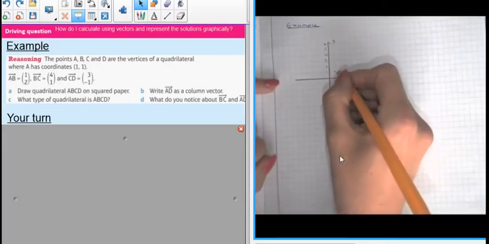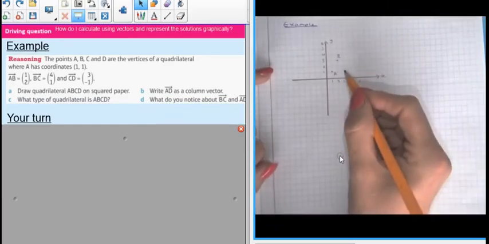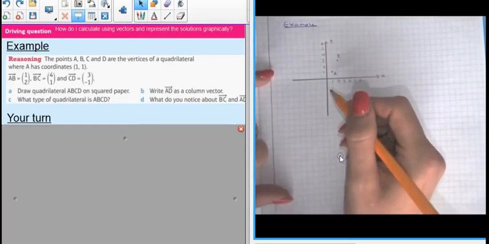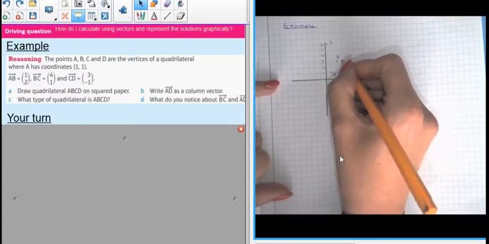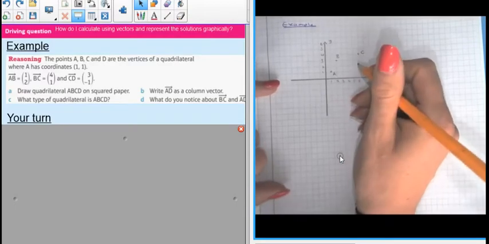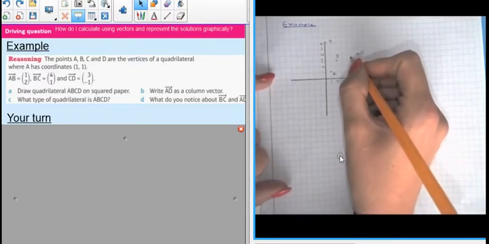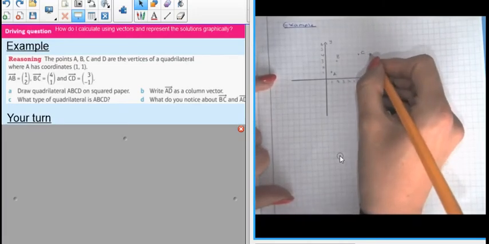So from A, if I go 1 along and 2 up, that will give me B. It tells me that vector BC is (4, 1). So from B to C, I'm going 1, 2, 3, 4 to the right and 1 up. And vector CD is (3, -1). So I'm going to go 3 to the right and 1 down.